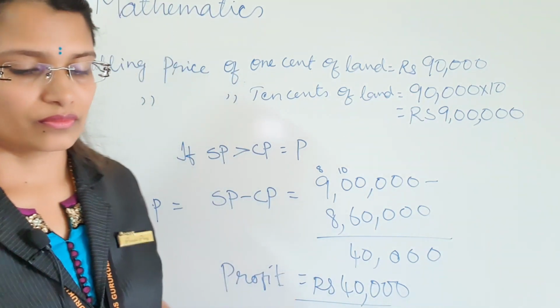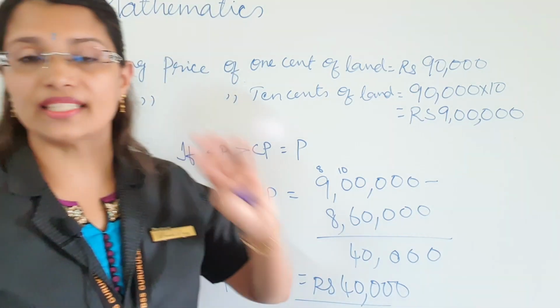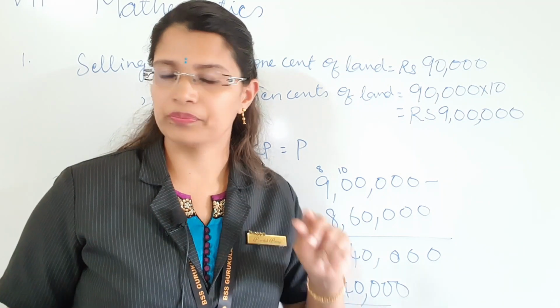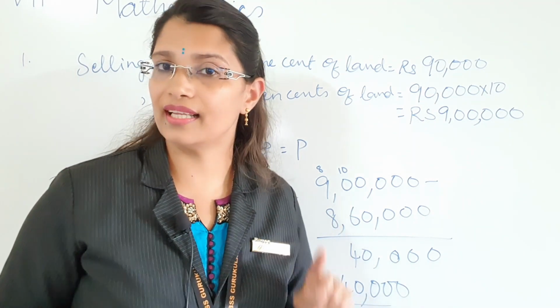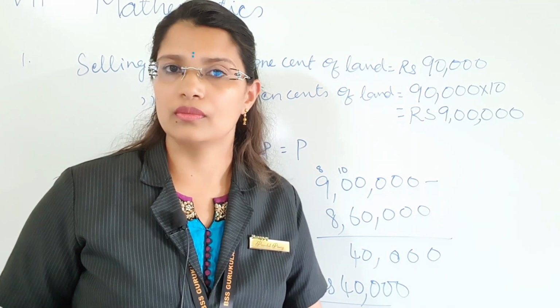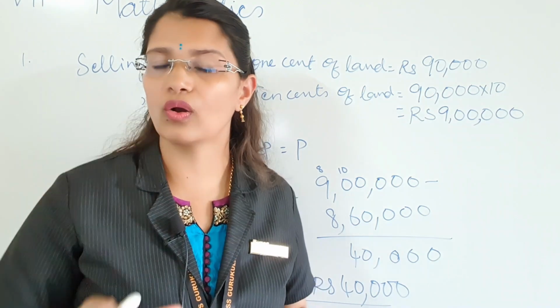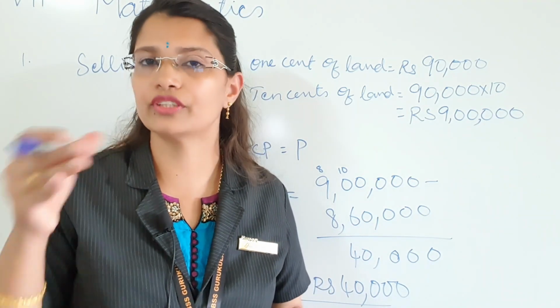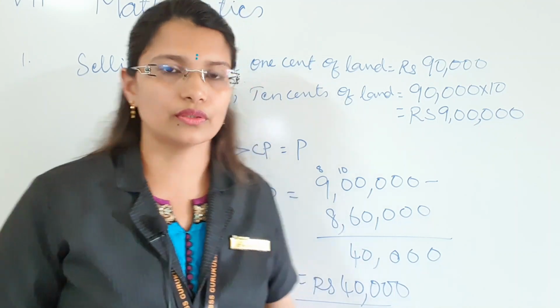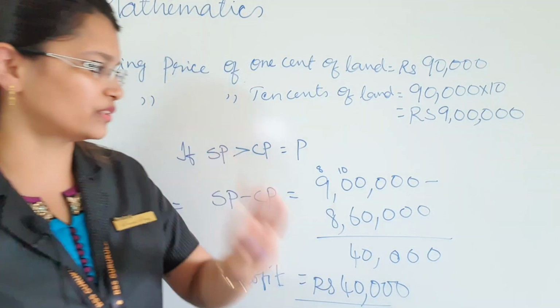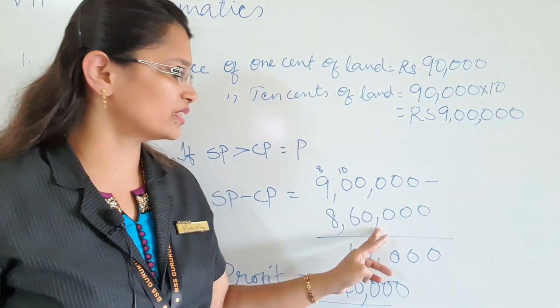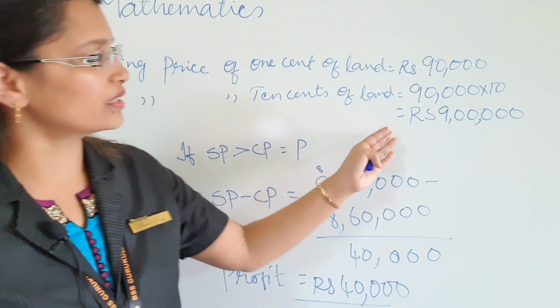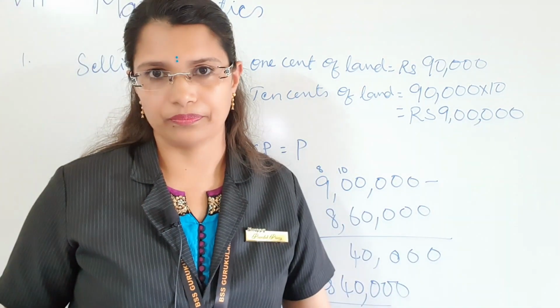Okay. And which are the overhead expenses here? Expense to dig a well and expense to build a compound wall. These are overhead expenses that we should add to cost price. So that is the new cost price. New cost price we got as 8 lakh 60,000 and the selling price is rupees 9 lakh.